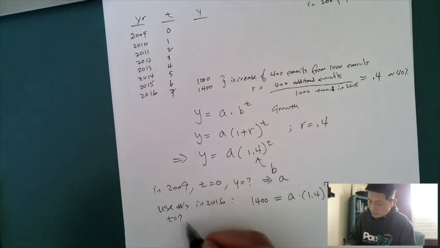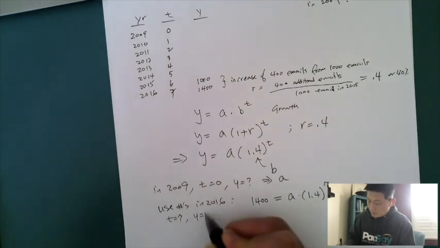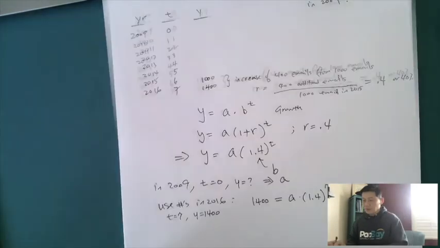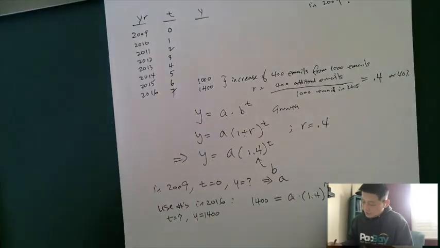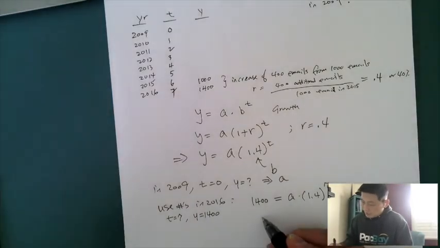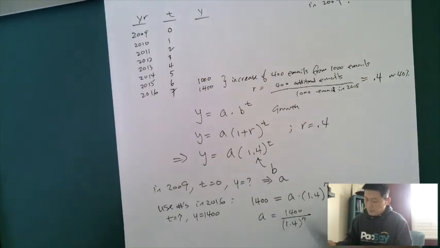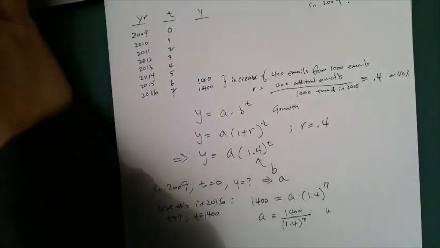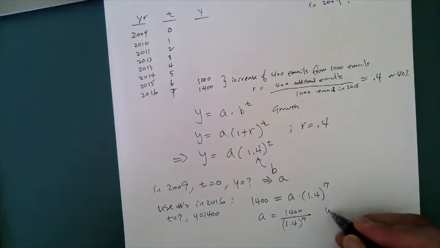T equal to 7, Y is equal to 1400 in 2016. So if that's the case, then I need to find out what A is. So A is just 1400 divided by 1.4 to the 7 power. Now we can use a calculator. Now let me do that so you can see.